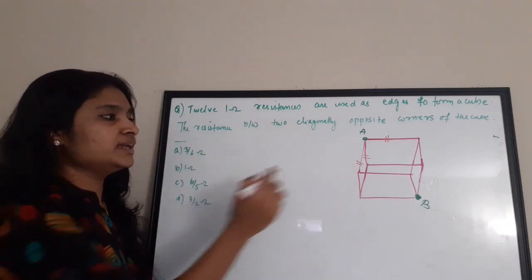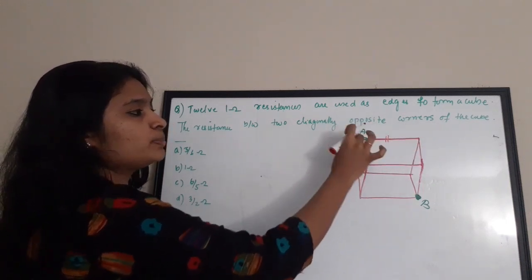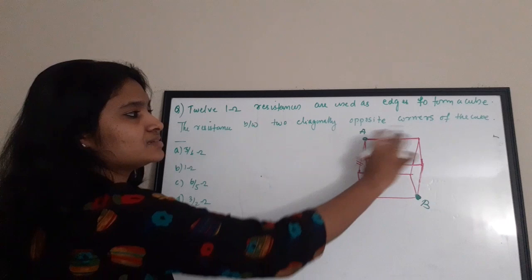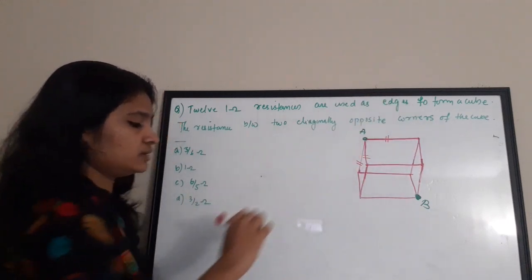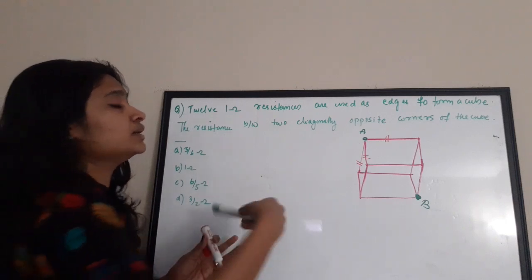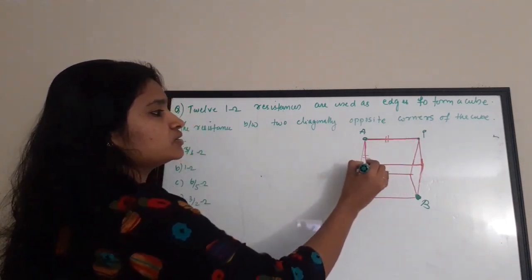And if you take the top corners, 2 resistances are connected to A, and I'll mark this point as P and this one also P.